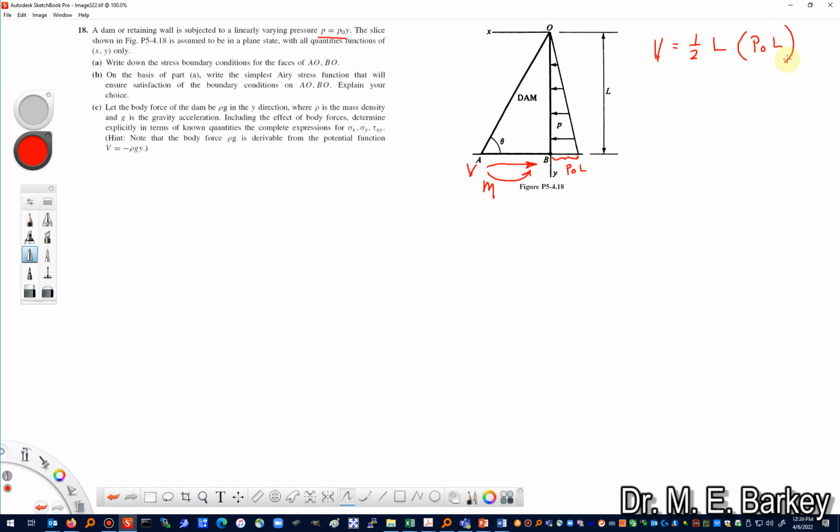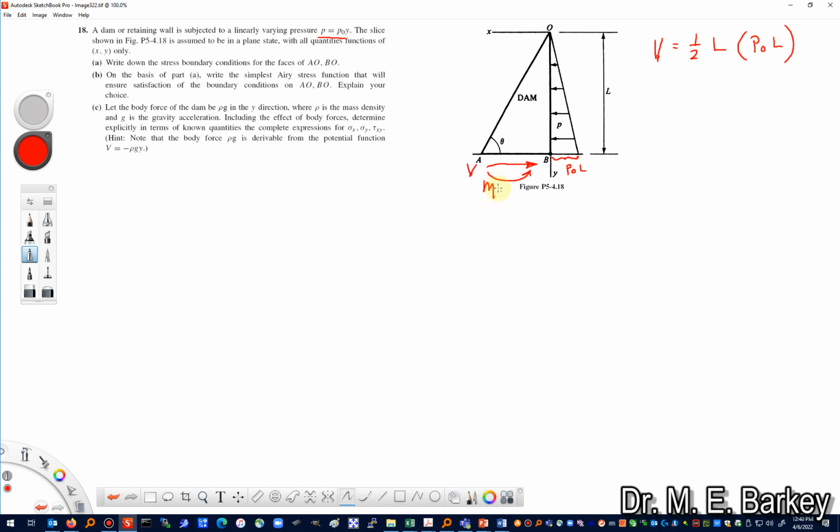Okay, now the p naught here doesn't have the same units as what you might see in beams, so be careful with that. It just has different units. So this would be an area stress and not a force per length like you might see in beams.